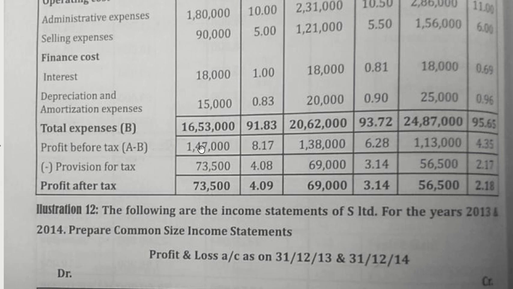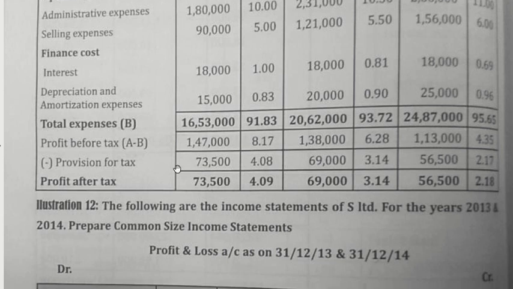Then profit before tax, take the amount, total revenue minus total expenses, and calculate the percentage with your revenue from operation. Then minus your provision for taxation, they have given 73,500, 69,000, 56,500. So 73,500 divided by 18 lakhs into 100, you get 4.08%. 69,000 divided by 22 lakhs into 100, 3.14%. 56,500 divided by 26 lakhs into 100, 2.17%.